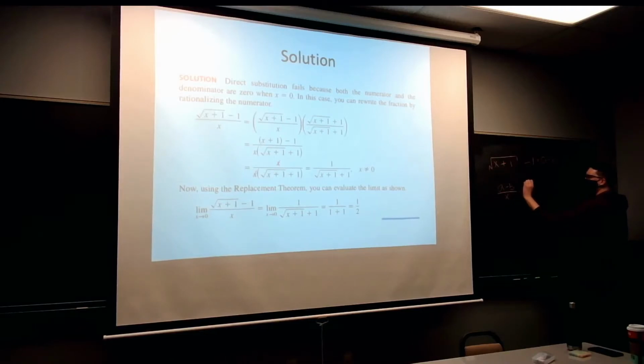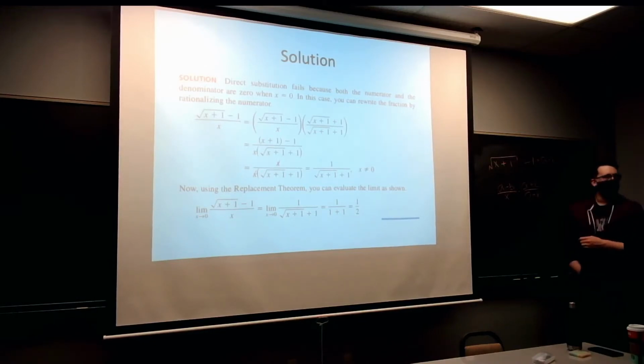Let's multiply this by A plus B over A plus B. What this is going to give us is A squared minus B squared over, my mistake, over x times A plus B.